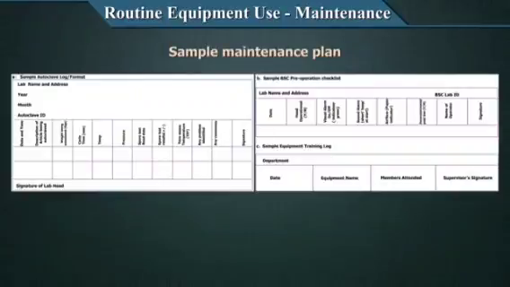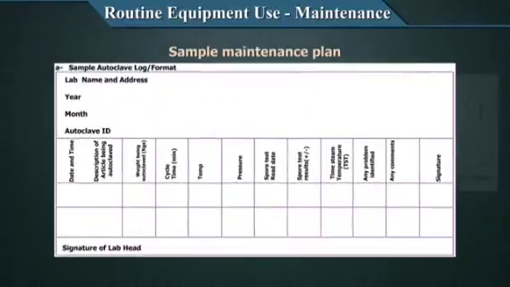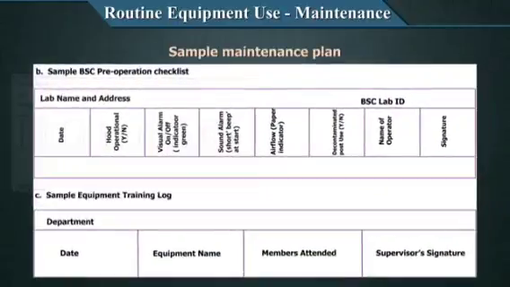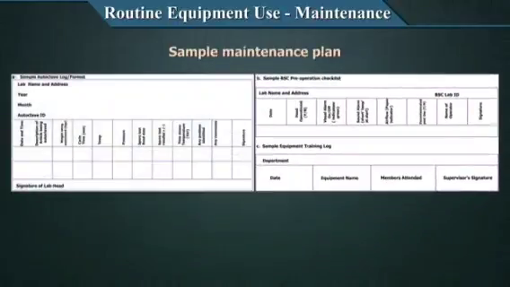Please look at the components of it. There's a sample autoclave format, a biosafety cabinet operation format, a pre-operational checklist, a sample equipment training log, etc. Training logs are also very important. So every aspect of equipment management has to be logged, formatted, and recorded.